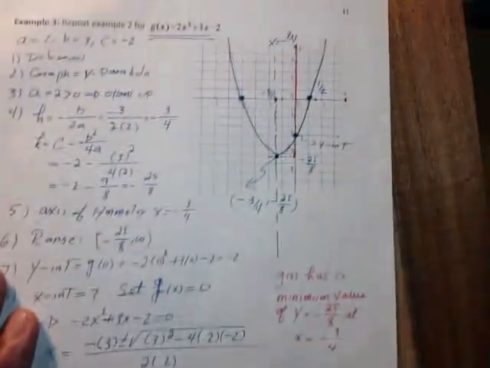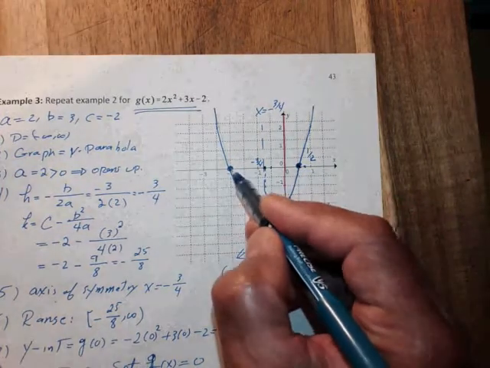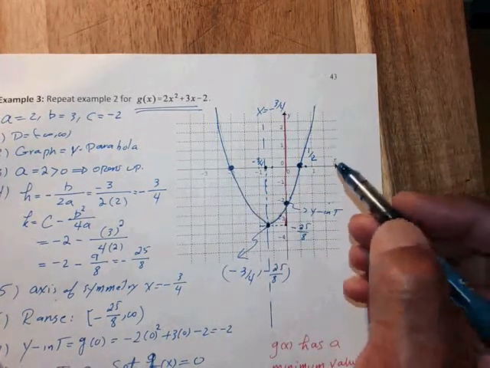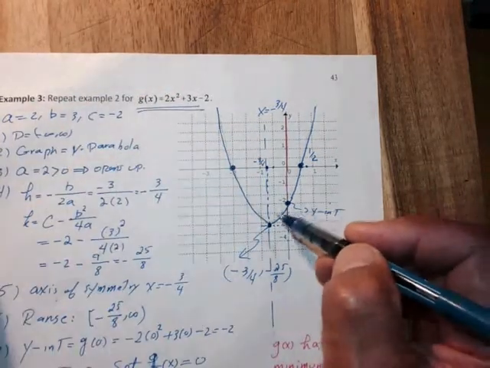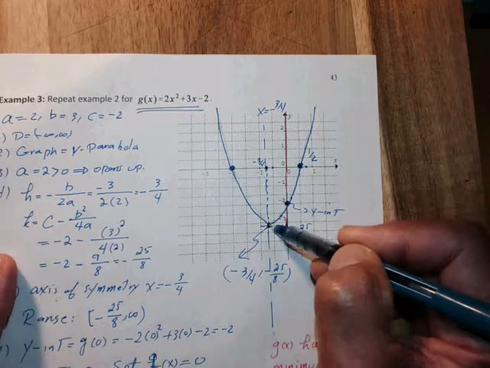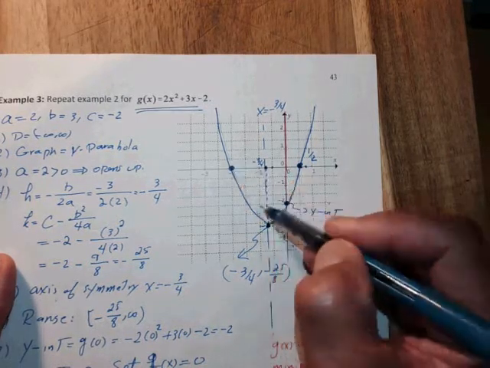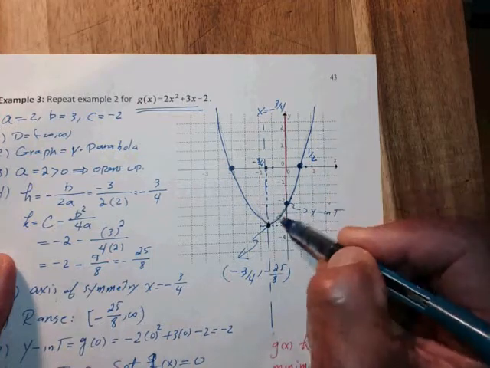And then I put those on the x-axis. 1/2, one x-intercept, and negative 2, another x-intercept. Then the first thing I did is the graph has a minimum point at this point, the vertex, and opens up, goes through these points. So this is the graph I get for it. Nice.